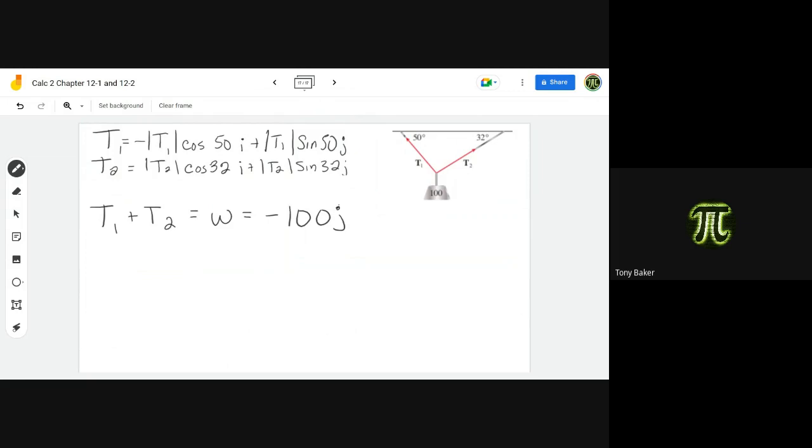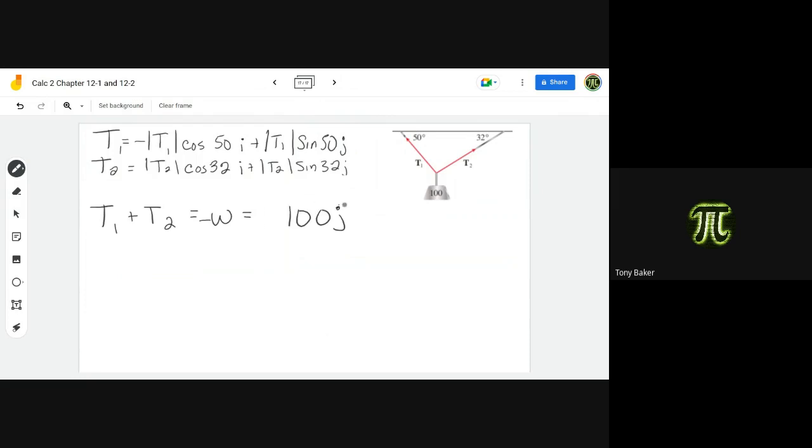Let's switch it. Oh, this is a physics thing that I don't totally get. All right, so it's actually the negative weight because it's counterweighted.